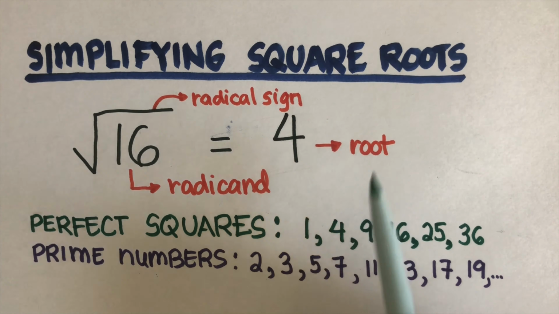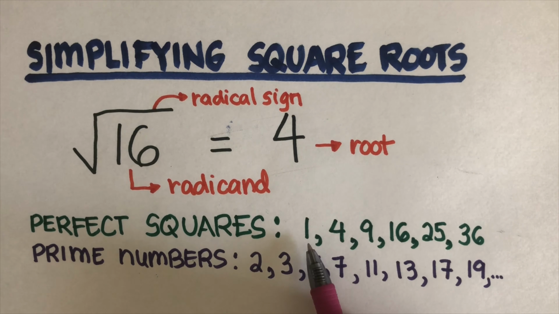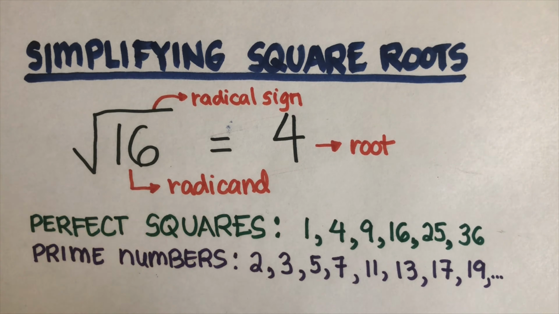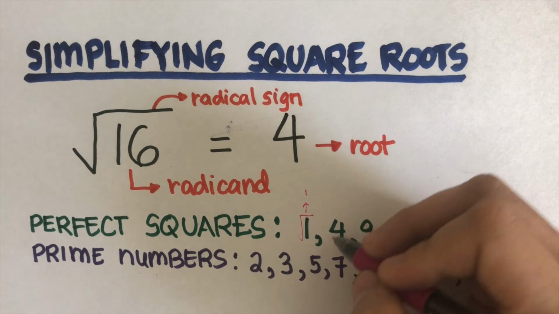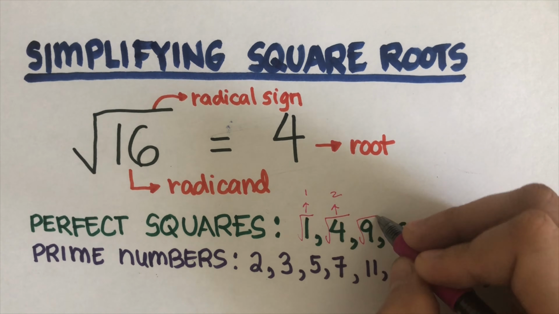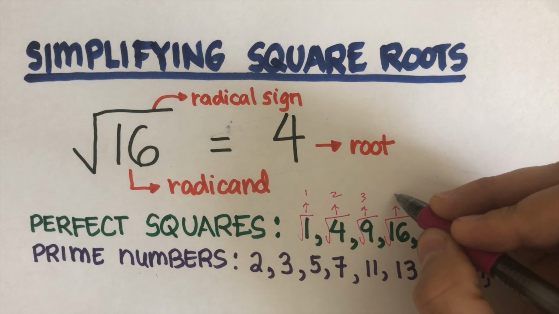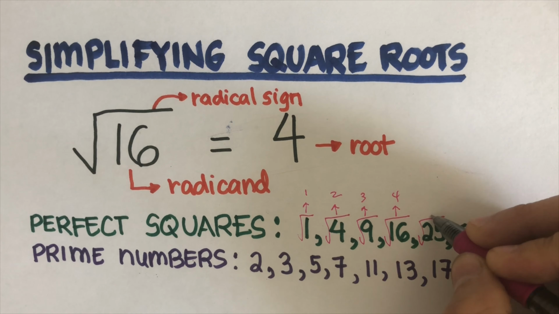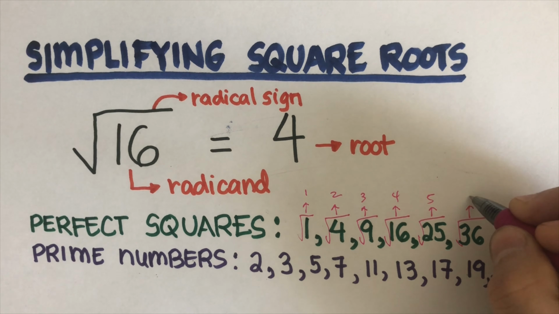Now, there are some terms that we need to remember in this section. First, we have the perfect square. Perfect squares are numbers that, when you take the square root, give a whole number. For example, the square root of 1 is 1. The square root of 4 is 2. The square root of 9 is 3. The square root of 16 is 4. The square root of 25 is 5. The square root of 36 is 6.